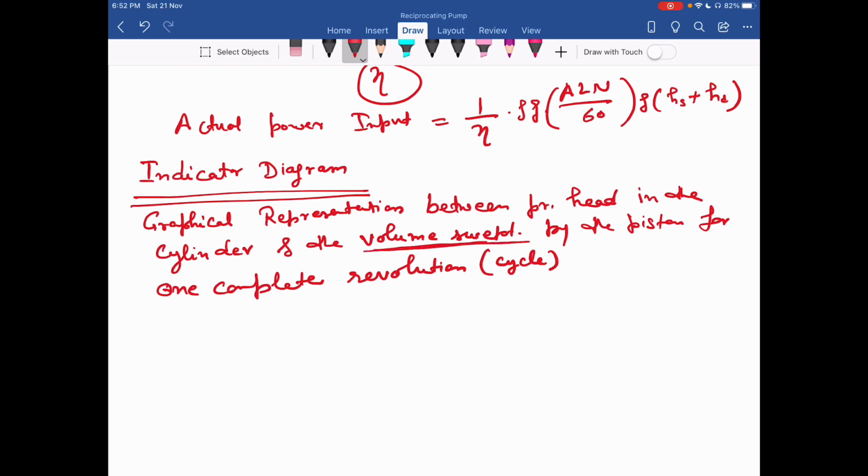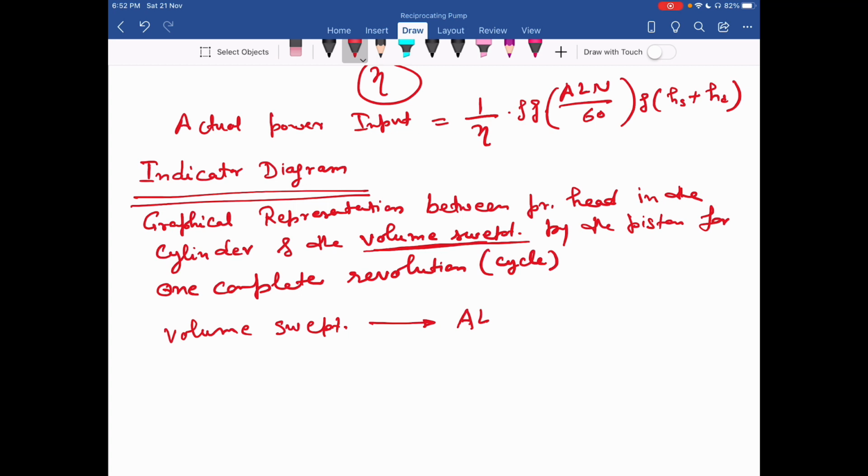This swept volume you can see is A into stroke length, the area of the cylinder multiplied by the stroke length.